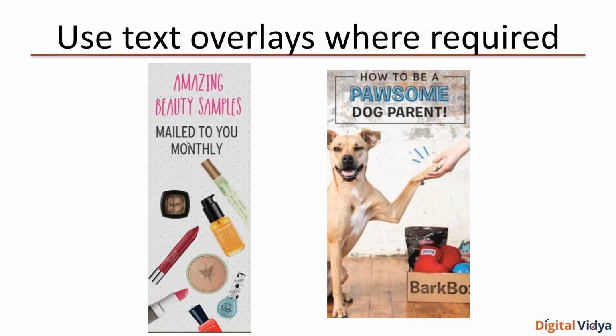If you're promoting articles, so coming to Sudipto's point earlier, you can promote articles on Pinterest. All you need to do is create an interesting image of what the article is talking about. Use a text overlay to talk about the article title. So for example, this is an article. It says how to be a paw-some dog parent. If you click on it, it will take you to the site which has the article.